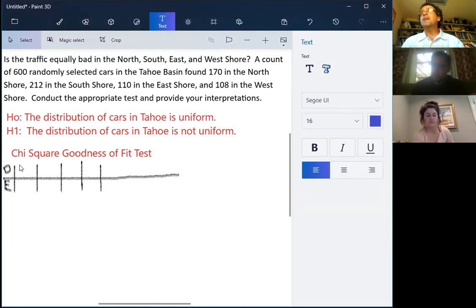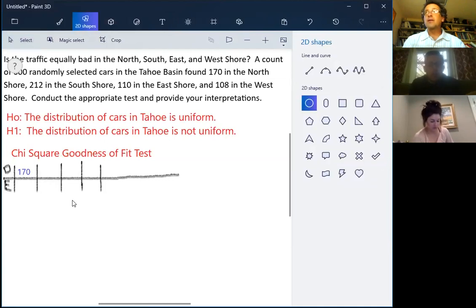Okay, the first thing is let's put in the observed, and that's pretty easy because it's given. How many did we observe in the North Shore? 170. Yeah, 170 in the North Shore. How many in the South Shore? 212.